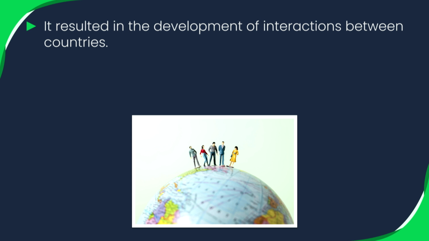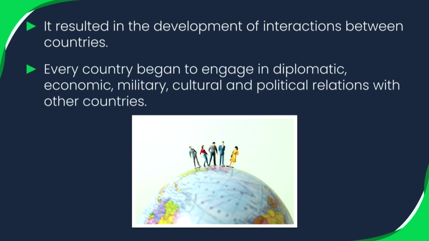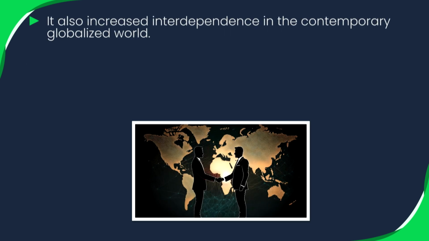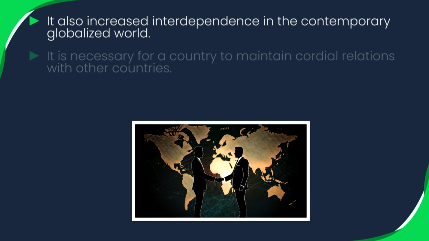It resulted in the development of interaction between the states. Every country began to engage in diplomatic, economic, military, cultural and political relations with other countries. It also increased interdependency in the contemporary globalized world.